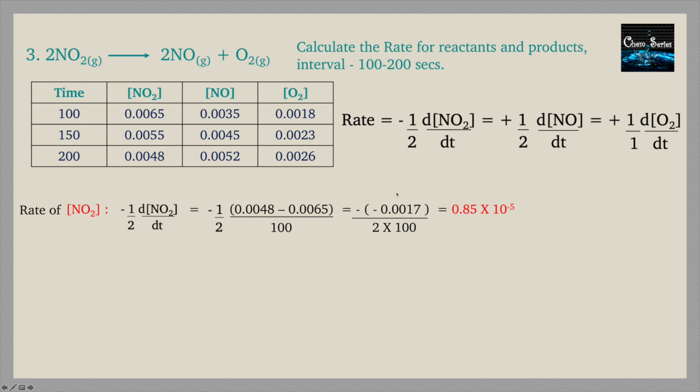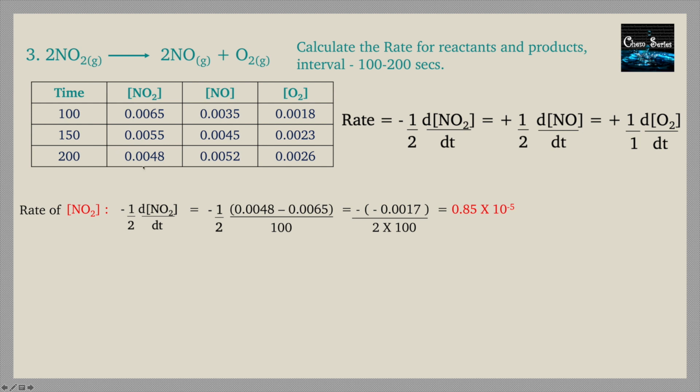So to find out the rate of NO2, we have to take this term. Okay, so this is how we will write rate, right? So minus 1 by 2 dNO2 by dt will be your rate of NO2. So that is equal to minus 1 by 2 dNO2, the change in concentration of NO2, and they have given the time interval between 100 to 200 seconds. So you have to take the difference between 100 to 200. How will you subtract?